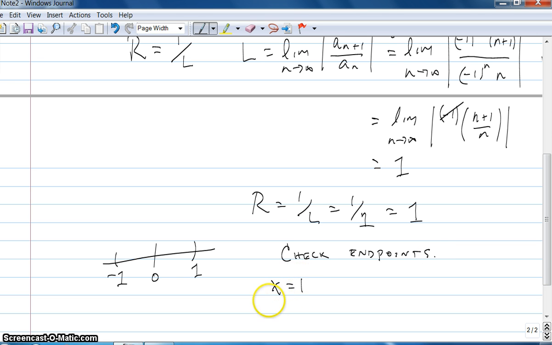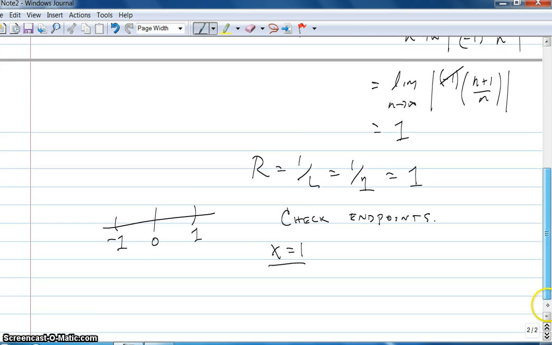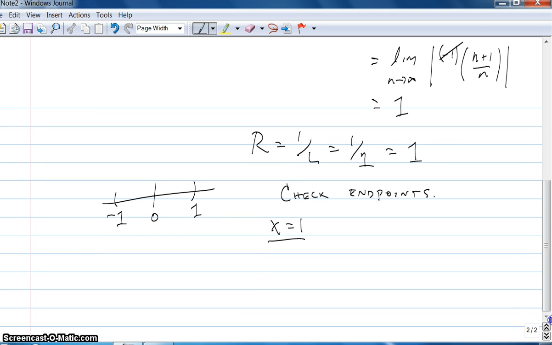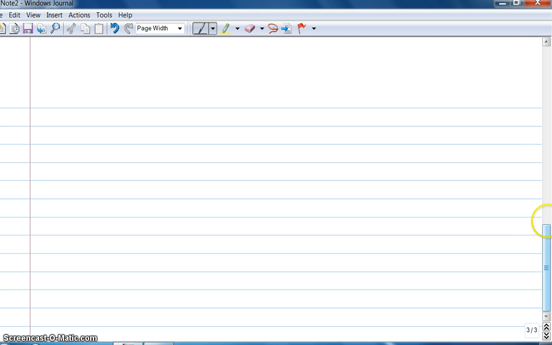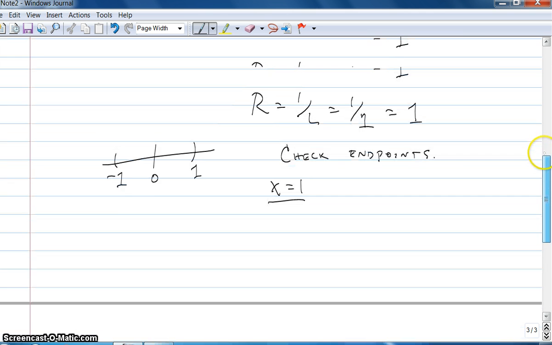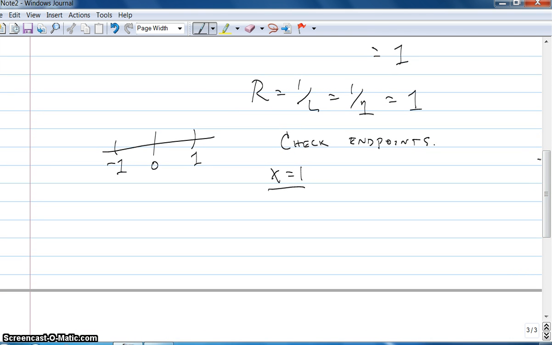When x equals 1, it's like checking a whole series. So we'll check this x equals 1. We're going to plug back in to the original series where x equals 1. So instead of having negative 1 in x to the n, x equals 1.